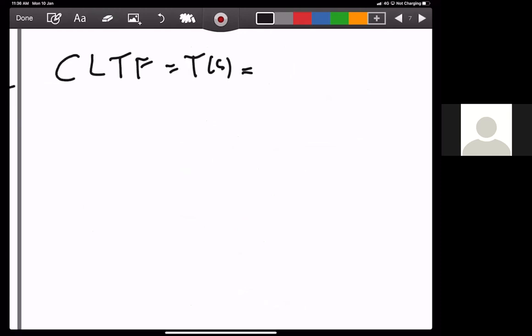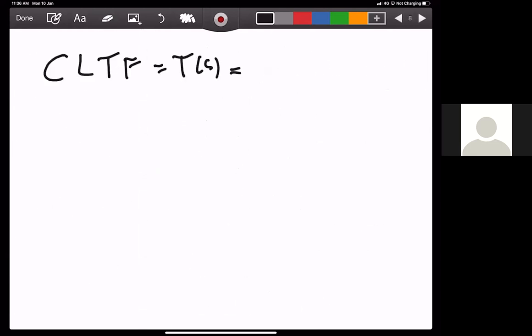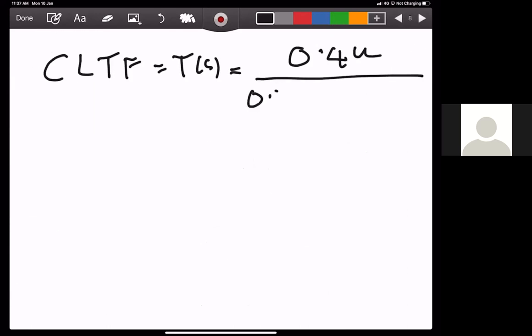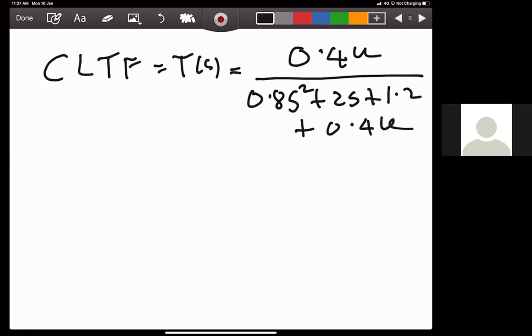Where is the 0.8? Sorry, the closed loop transfer function. 0.4K first. Oh, okay. Square plus 2s plus 1.2 plus 0.4K. Yes, correct. Is it the same as the question? Is it proven?